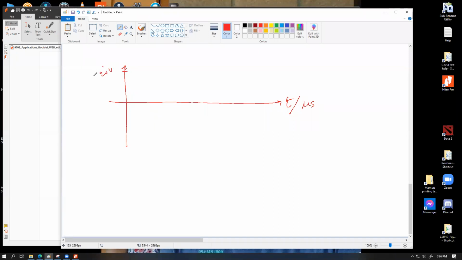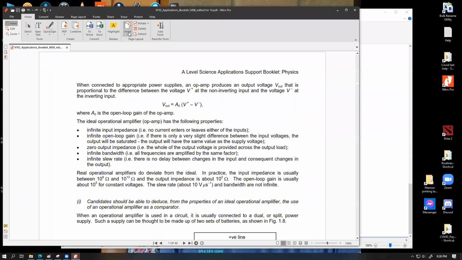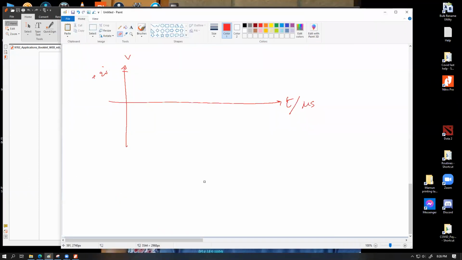It's a pretty large value, I understand, but bear with me. Is it for input or for output? Sorry, it is for output. My bad. I'll write V out here, that will do. I'll explain it to you, don't worry.